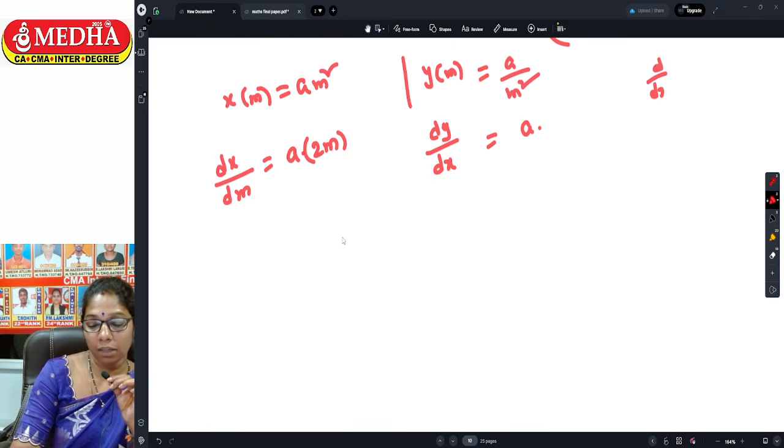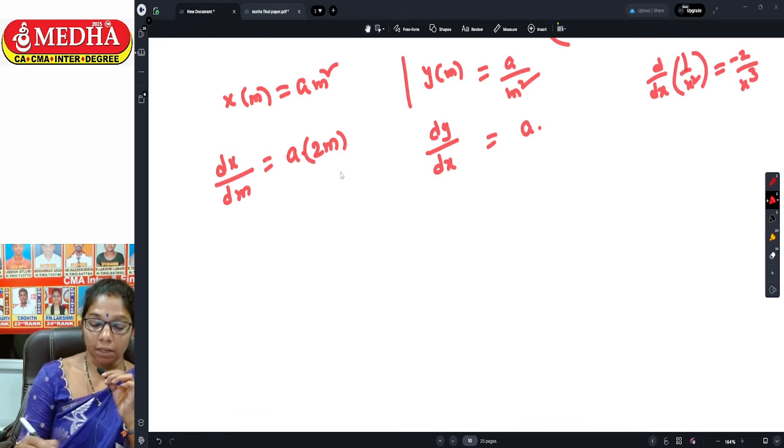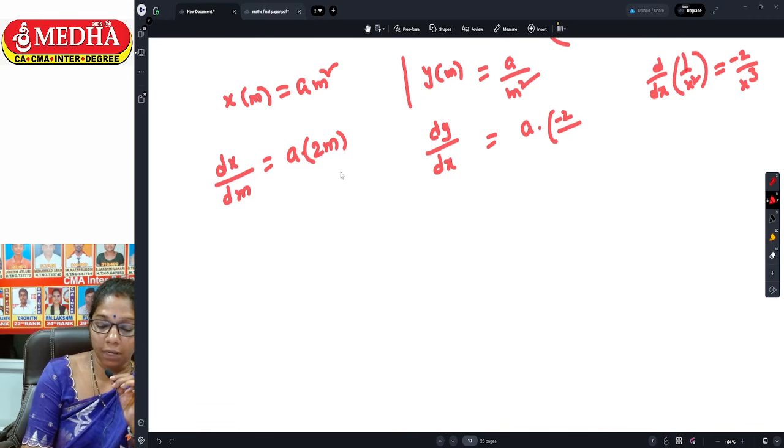We know that d by dx of 1 by x square is minus 2 by x cube, so similarly minus 2 by m cube. So minus 2a by m cube is dy by dm.